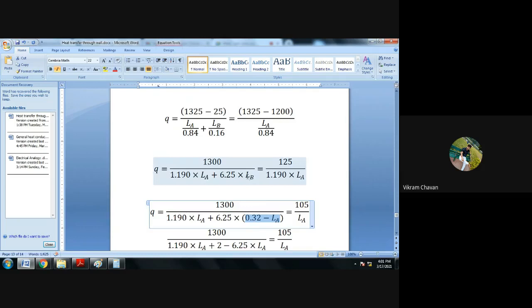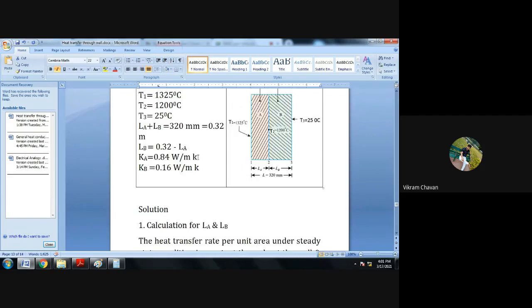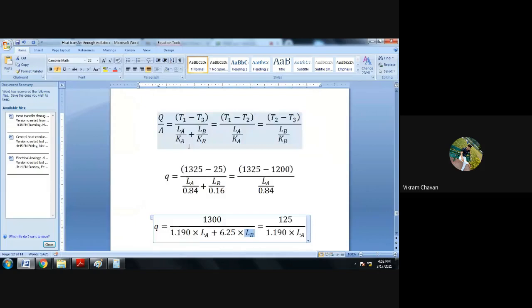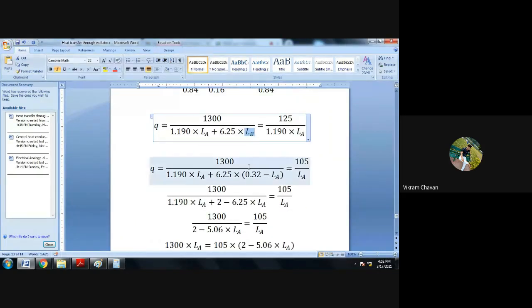Okay, instead of L suffix B, we can convert it into L suffix A, so that it will be easy to calculate the thickness. Here we have discussed L suffix B is equal to 0.32 minus L suffix A. So instead of L suffix B, we have put 0.32 minus L suffix A, which will be equal to, now here 125 divided by 1.190 will be equal to 105, whole divided by L suffix A.